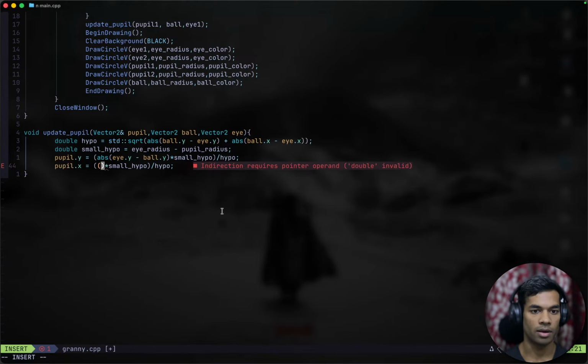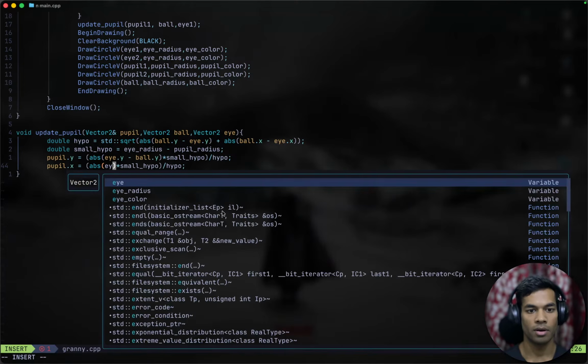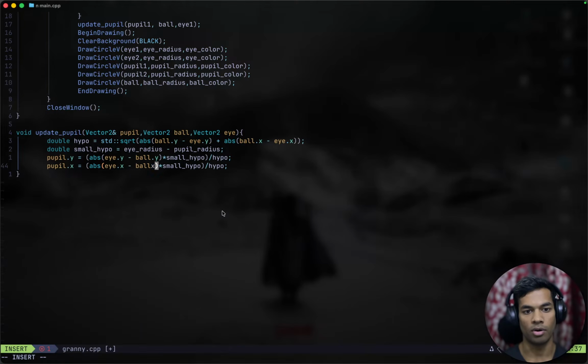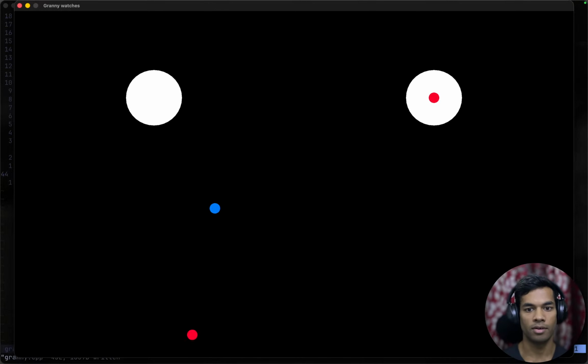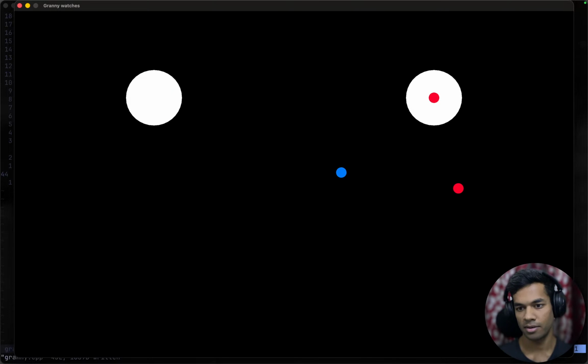And here absolute of I dot x minus ball dot x. Okay, cool. This is kind of better, but they are maintaining the distance.